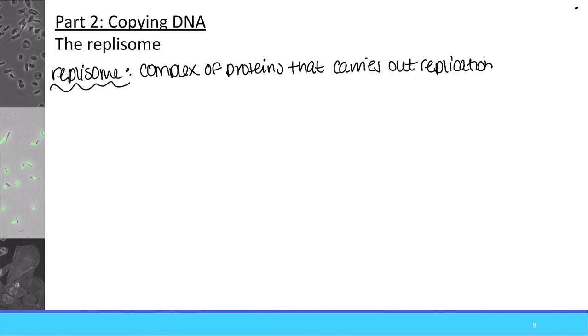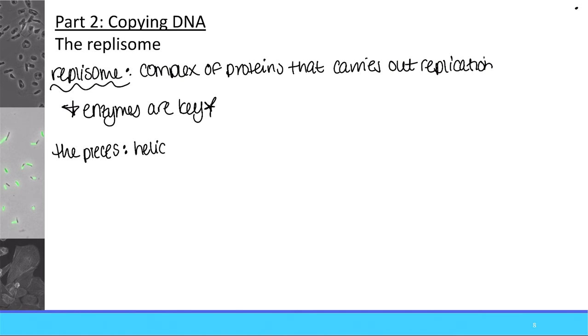So for this process and for the replisome, just like many things, the enzymes are key. So we're going to have a lot of different enzymes that we're going to talk about. And I'm going to list the enzymes on this page, and then we'll actually talk about what they do over the course of the next few pages as we draw some of these pieces out. So parts of the replisome include an enzyme known as helicase. We'll also have single-stranded binding proteins, which are also shorthanded as SSBPs.